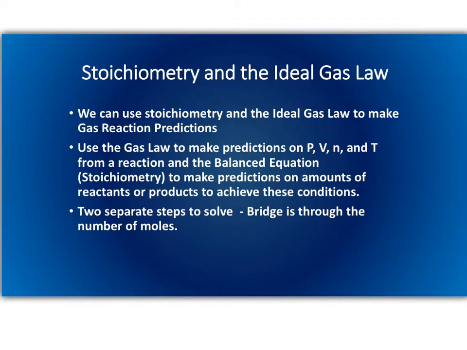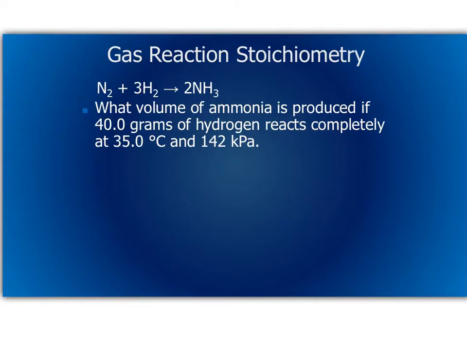Okay, so let's just go to the next slide, and we'll show a little bit more of a demonstration of what I mean. So here's a simple equation. We have nitrogen gas mixed with 3 moles of hydrogen gas, and we get 2 moles of ammonia. Remember, ammonia is NH3.